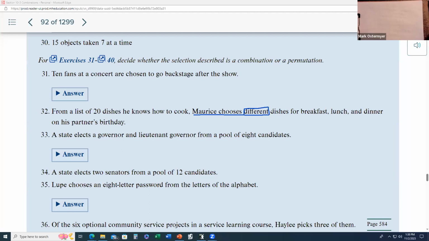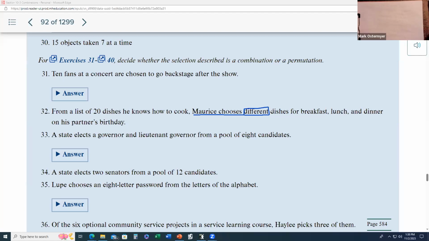Meaning that if we choose, let's say, dish A for breakfast, based on how we're reading this, it doesn't look like we're able to choose it for lunch and dinner again. If that's the case, then I think order would matter. Do you agree?